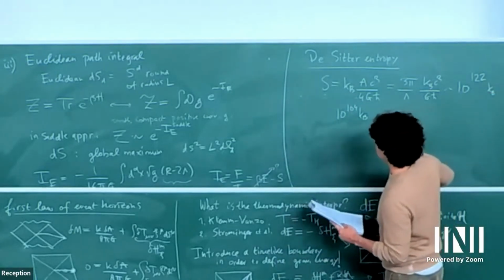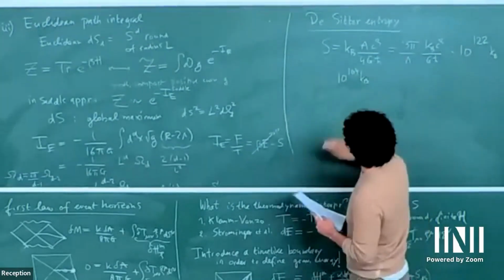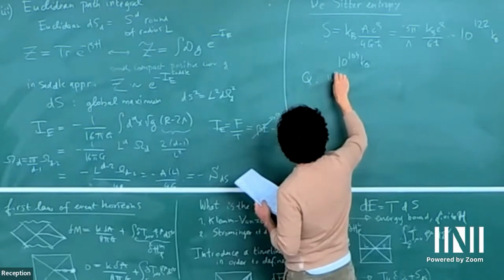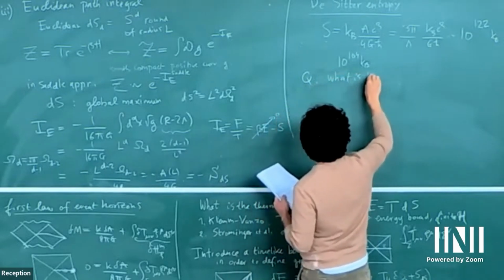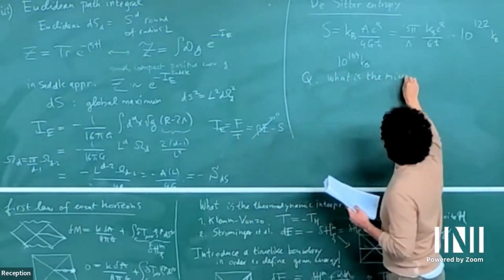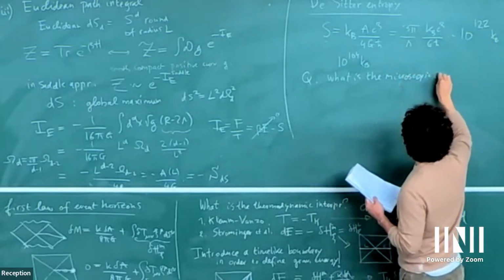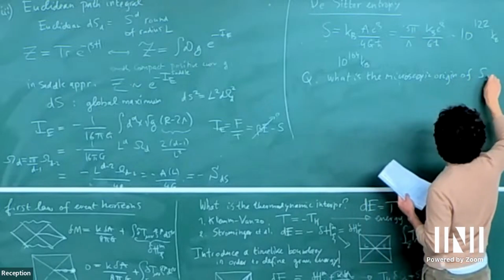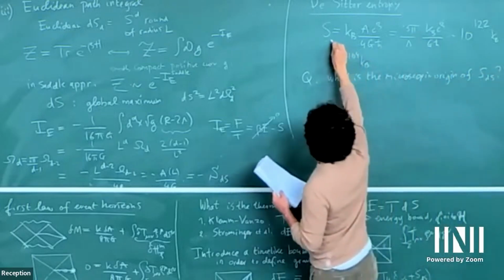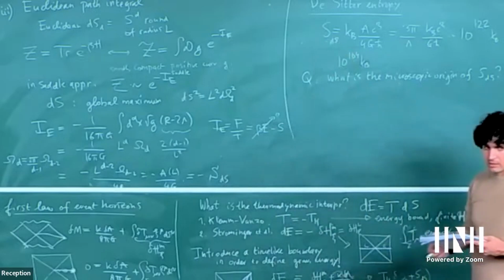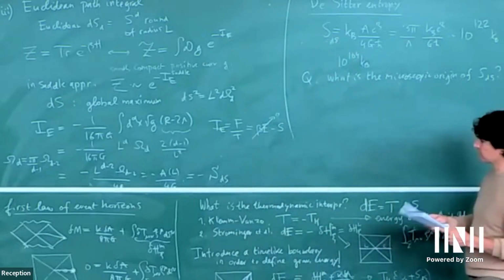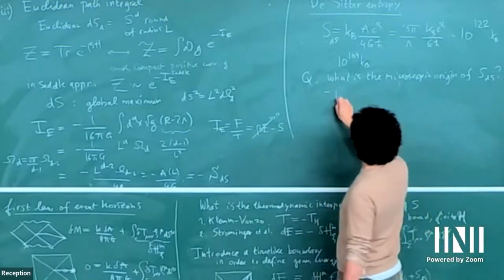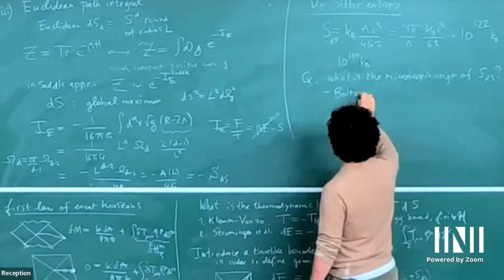Now, of course, the big open question is what the microscopic origin of this entropy is. And so there could be two options.